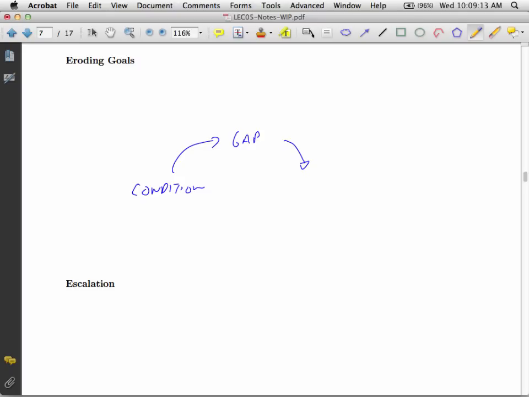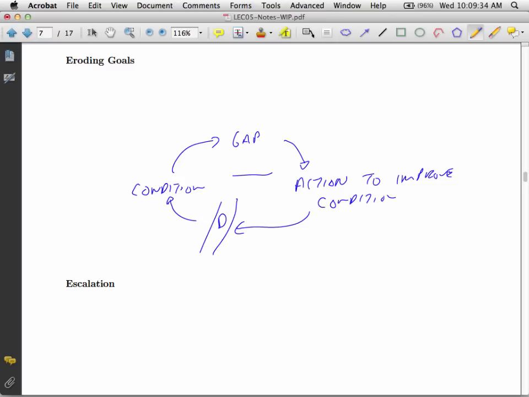And we take some action to close the gap or to improve our condition. Right. And then there'll be a delay in here before that happens. And this is a balancing loop, just like we had above.